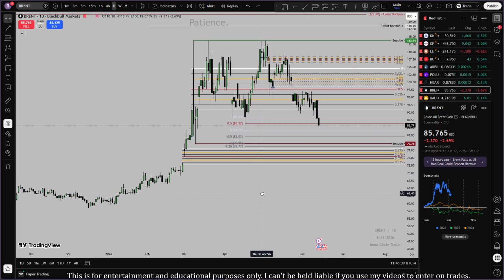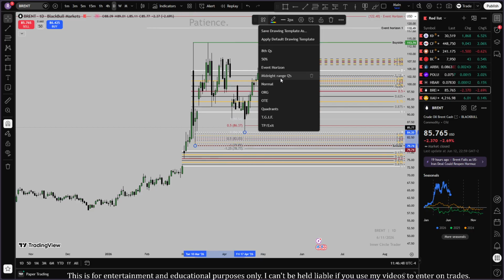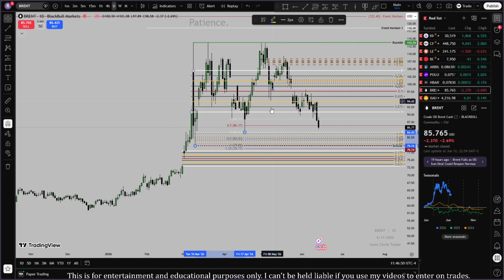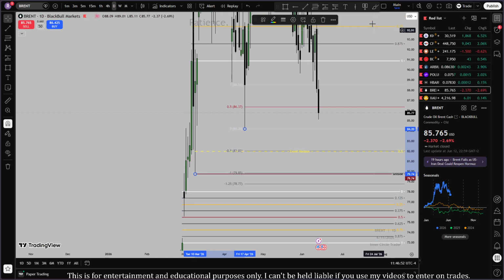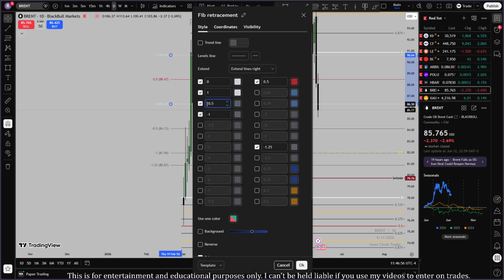82.03. We can even, that should be the same level as this low to that low. Event horizon right there. Can take off those lines.